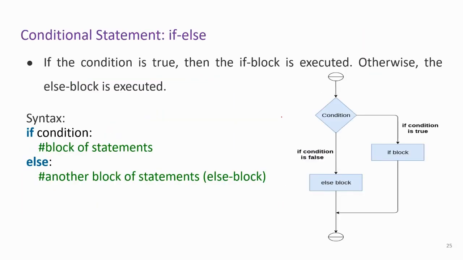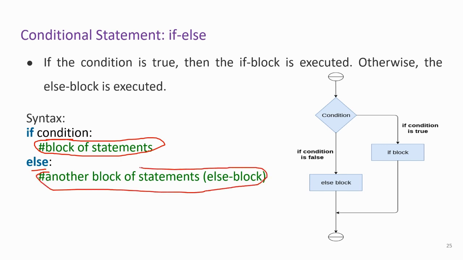If this condition is true, this block of code will get executed. Else, that means if this condition evaluates to false, then the else block, the next block of code, will get executed. This is the only difference.